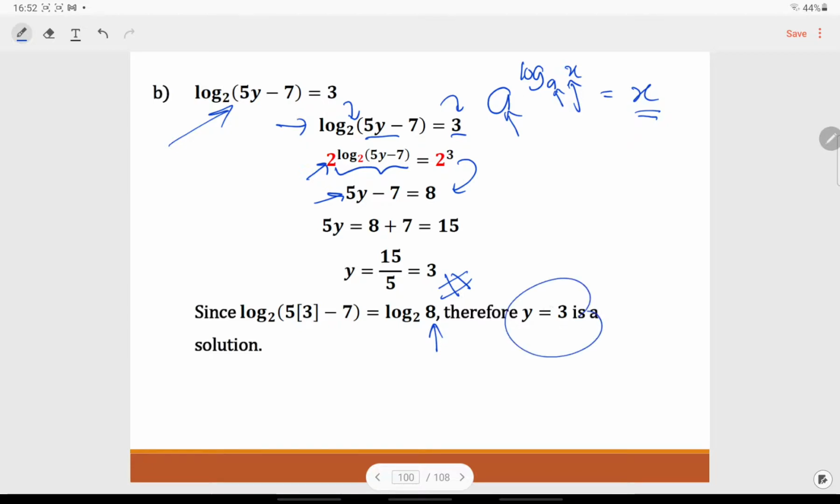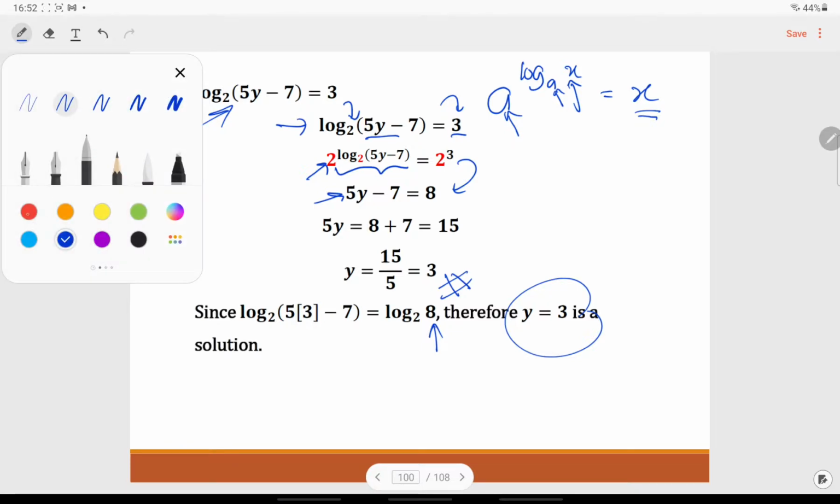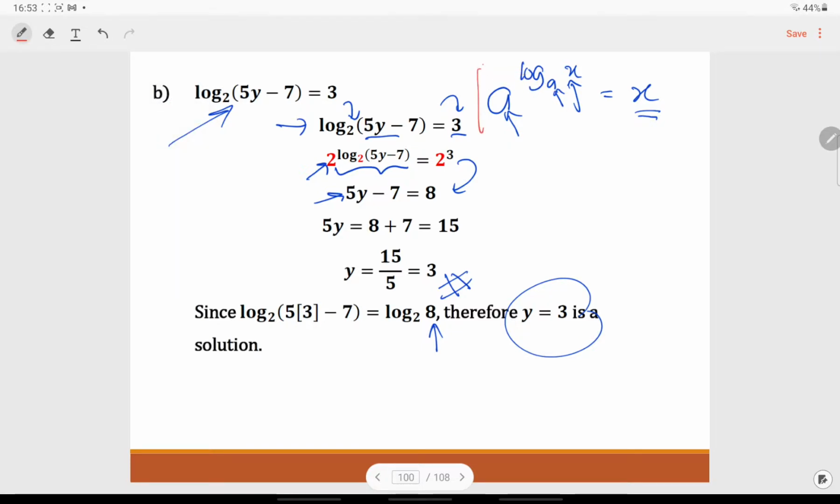So we conclude that y equal to 3 is a solution. The key point here is to use this property. If you know how to use this property, it will help you a lot in solving a logarithmic equation. Why 2? Because we are dealing with base 2, so we put 2 as the base here.